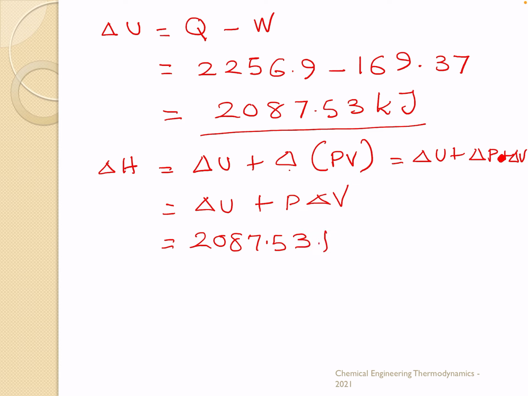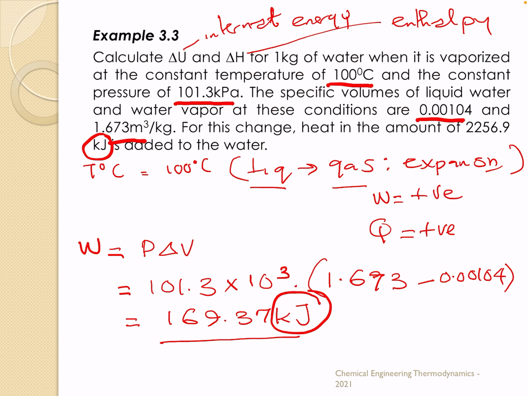So let's plug in what we've got: 2087.53 plus 169.37, which is P change in V. Remember, we did that earlier on for work done.